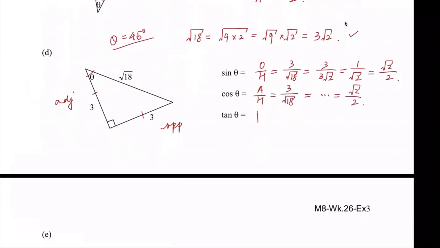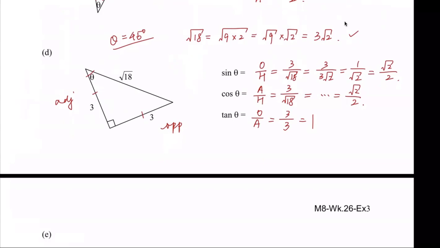Tangent theta is equal to O over A. O is equal to 3, A is equal to 3, so the answer is 1. So when theta is 45 degrees, this is a special case.